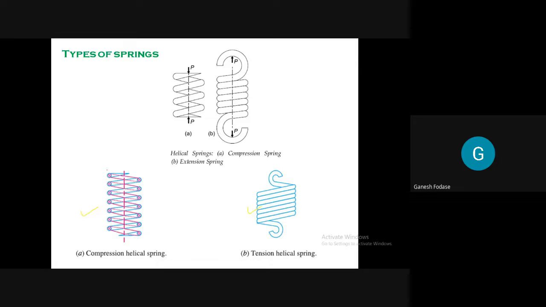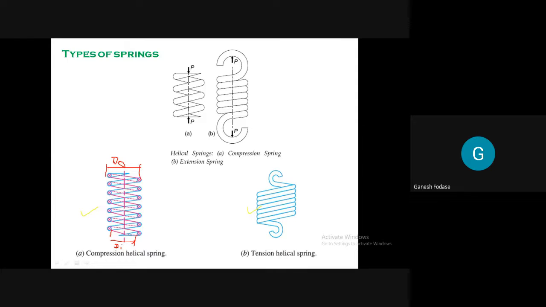So, generally there are two diameters, basically DO and DI. So, DO is the outside diameter of the coil.